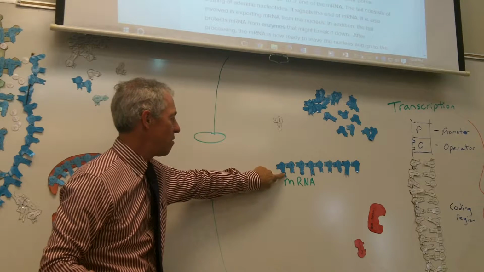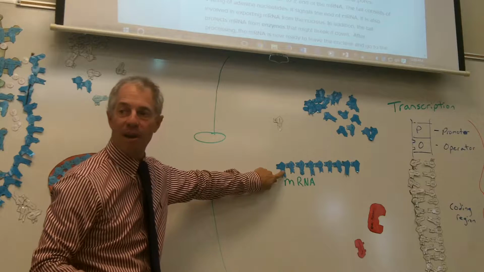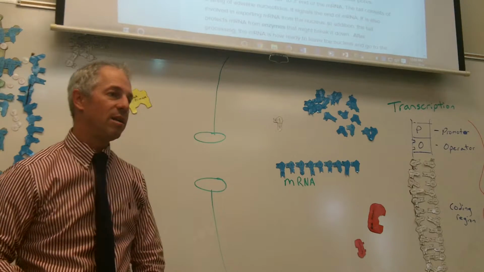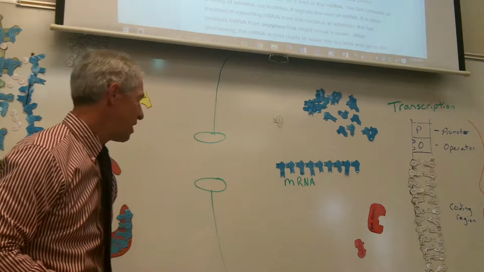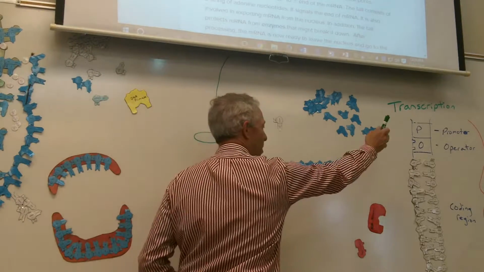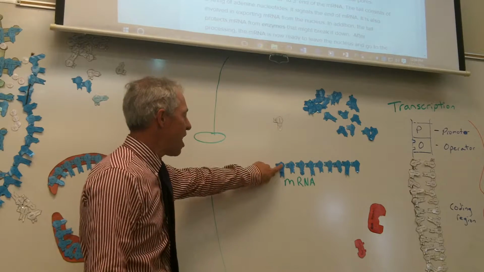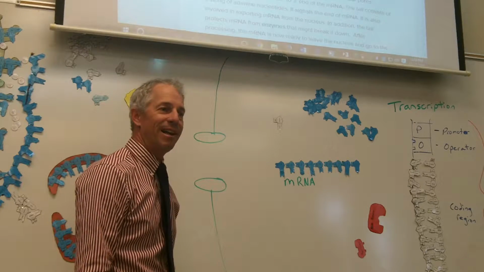I think it's on the 5' end. Does it not matter what base it attaches to? It doesn't matter. This could be whatever you transcribe. So you add a guanine cap on one end.